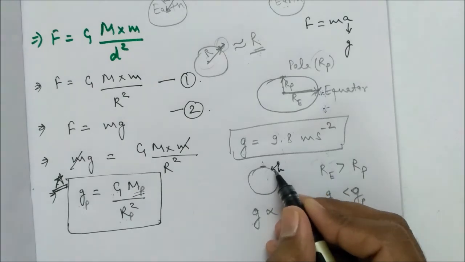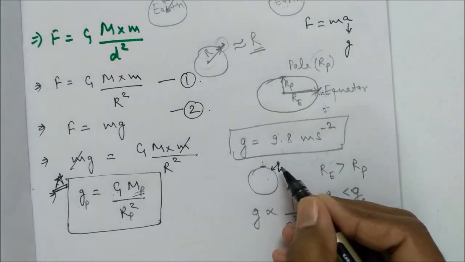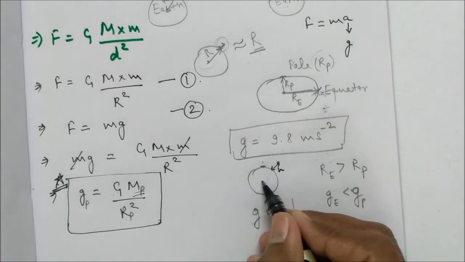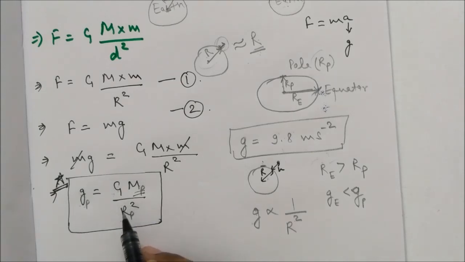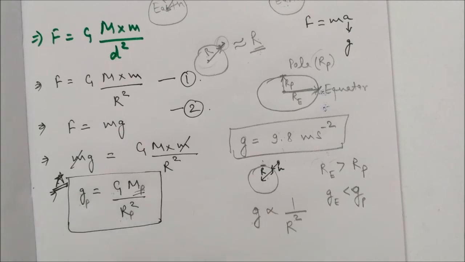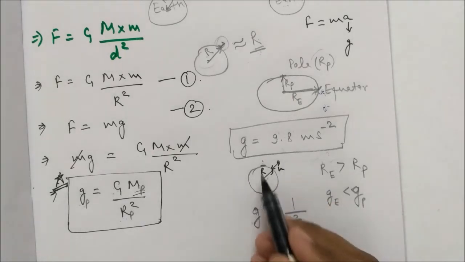But if this distance becomes significant, then we have to add it to the radius. So the denominator will increase, it will be R plus H. When the denominator increases, the value of g will decrease. So the acceleration due to gravity decreases when we increase the height, or the depth, of the earth.